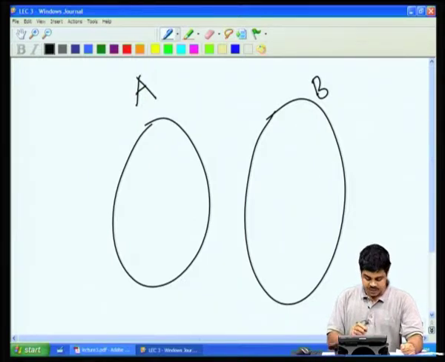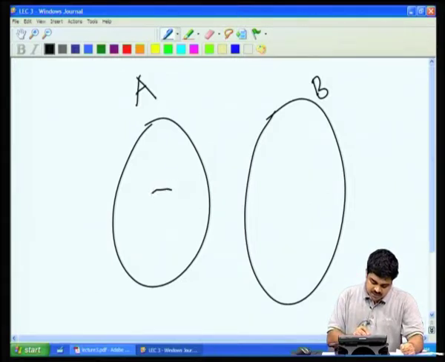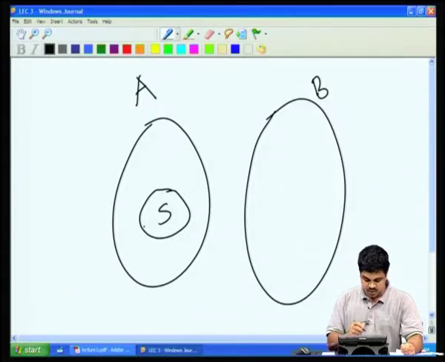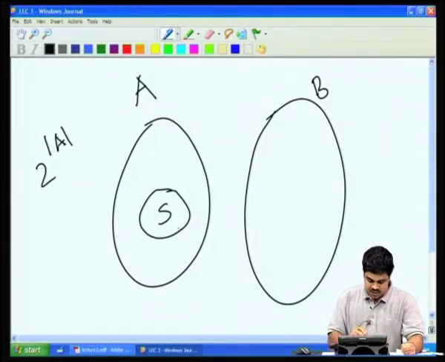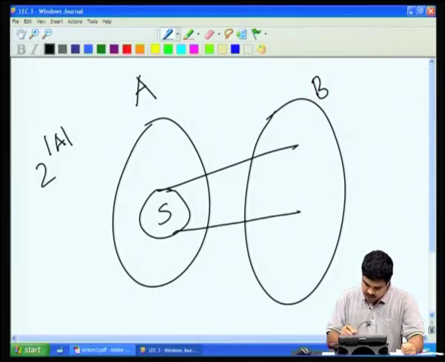So, what is Hall's condition? Hall's condition says if you take any subset S of A, there are 2 raised to |A| possible subsets, any subset of A if you consider, and count the number of neighbors that S has.